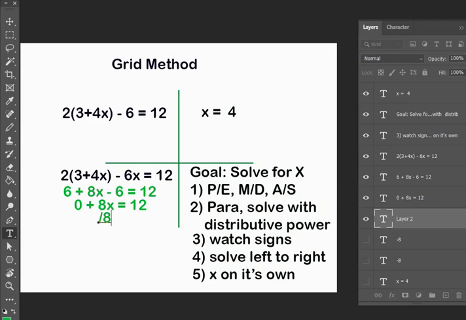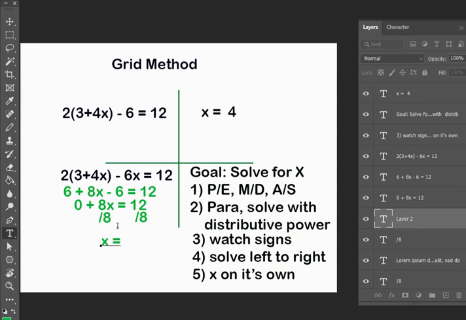So I'm going to have the 8 divided there, and the 8 divided over here. And then 8 divided by 8 is going to give me 1, or x, because x is always 1x.